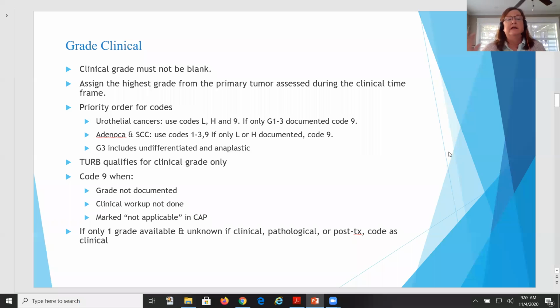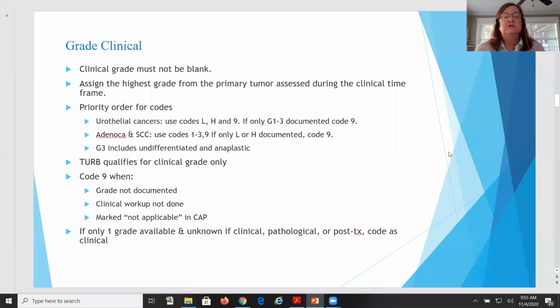Remember, the clinical grade must not be blank. You assign the highest grade assessed during the clinical time frame. We do have priority codes for grade. If your histology is a urothelial cancer, your priority codes are the low, high, and 9. If only grade 1 or 3 is documented, you're going to have to code that as 9.